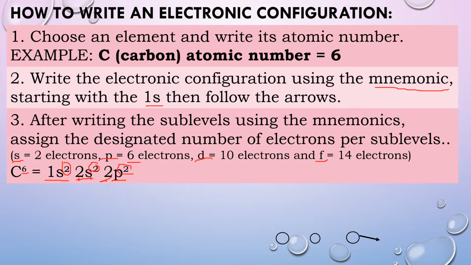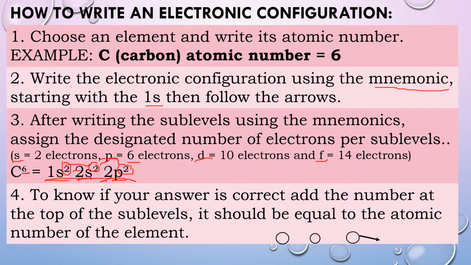It is because kailangan equal yung number dito sa atomic number ng element. Since its atomic number is 6, kailangan, when we add all these electrons, it will equal 6. So, 2 plus 2 is equal to 4, plus 2, 6. Therefore, this is the electronic configuration of the carbon element.